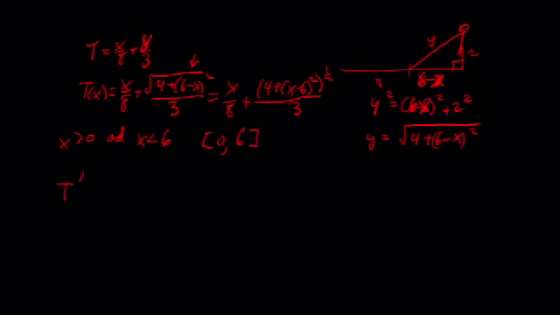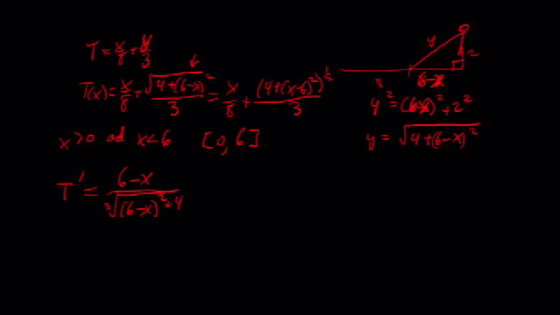I'm going to take the derivative of T, and it's a hot mess. It's going to require us to use the quotient formula, not quotient because we're dividing by a constant. It's going to cause us to use the product rule and all those fancy things. But I eventually get 6 minus x over the square root of 6 minus x squared plus 4.